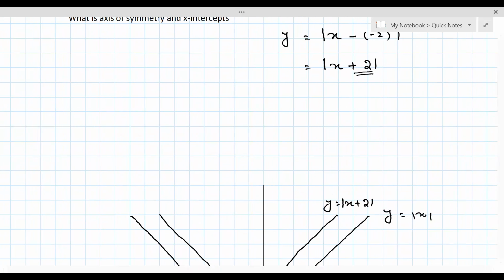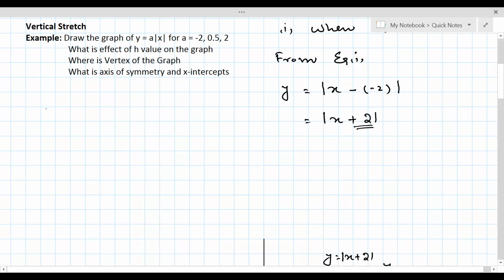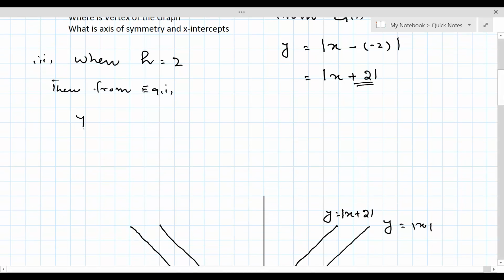And if we want to define this number 2, when h is equal to 2, then from the equation of transformation defined in 1, we have y equal to mod of x minus 2.